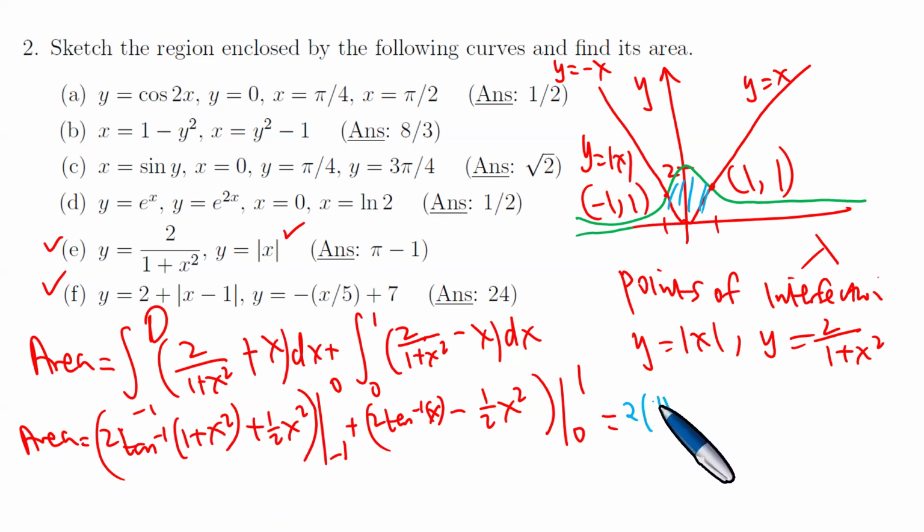Arctan 1 is pi over 4. Then you put the 0 here. And then you put minus 1, arctan 2.